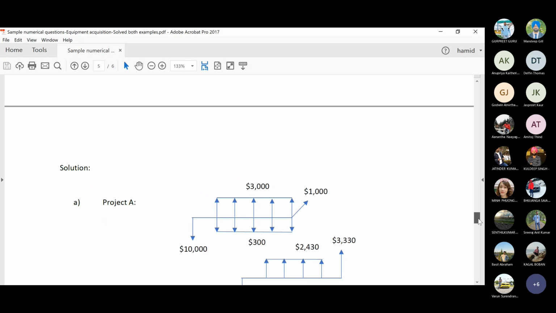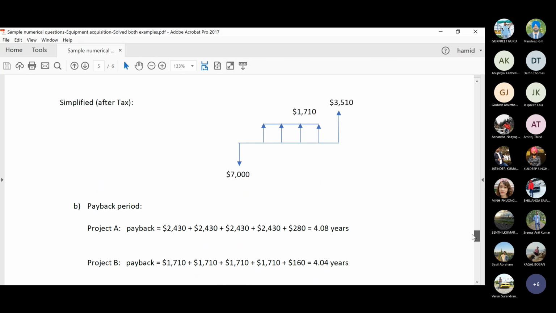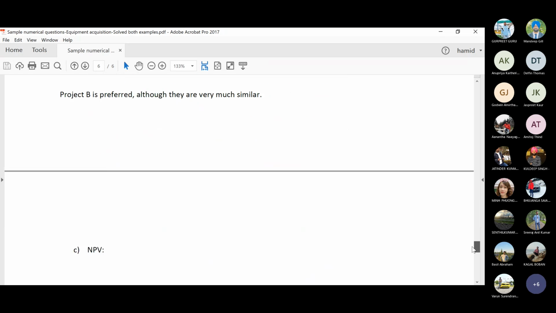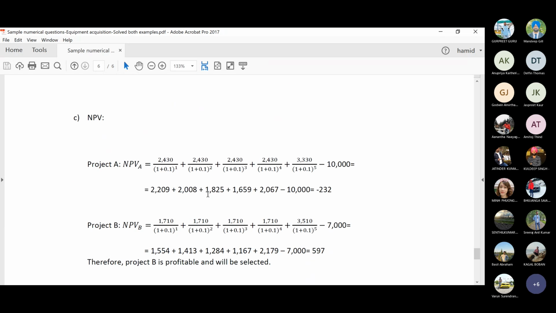The NPV method is a little bit complicated, but still we can do it with no problem. This is the formula for NPV: income of each year, divided by 1 plus the opportunity cost, which in this case will be 0.1, to the power of the year of operating.